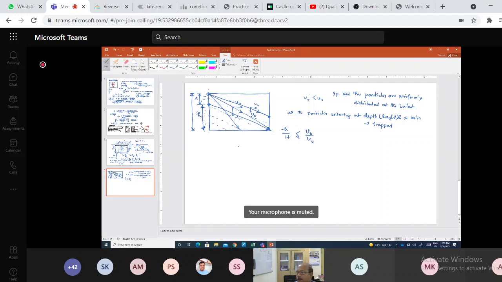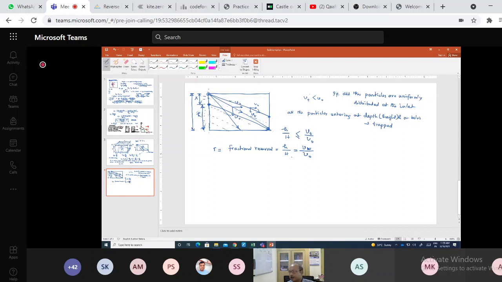And so if we try to find the fractional removal, if R is the fractional removal of these particles, that is h over H, and this is nothing but equal to Vt over V0.